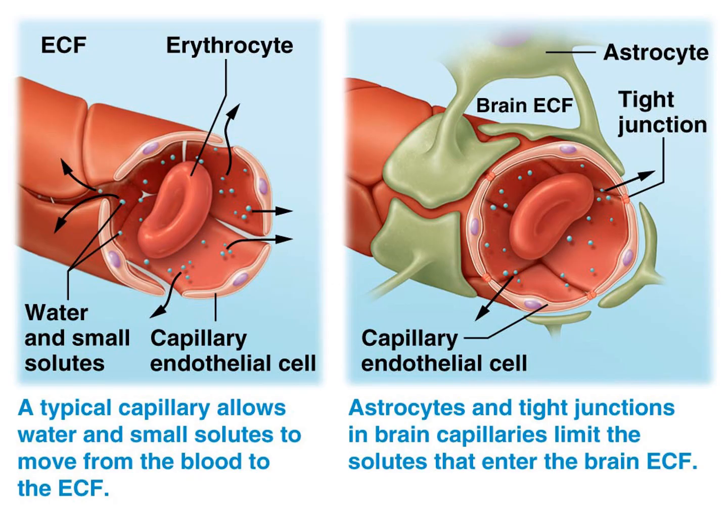So, in this figure here is a comparison of a typical capillary in the body, external to the brain, and we can see that they're leaky to allow things to pass through. However, in the endothelial cells of the capillaries in the brain, we see they have much tighter junctions that will prevent movement of fluids easily across the membrane.